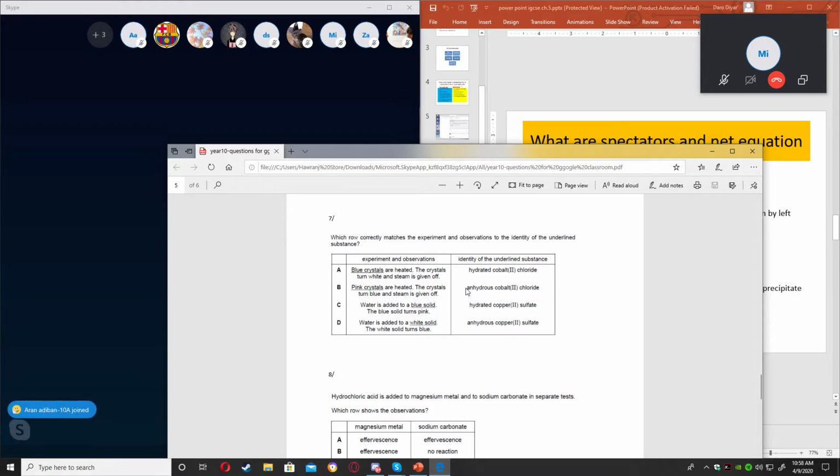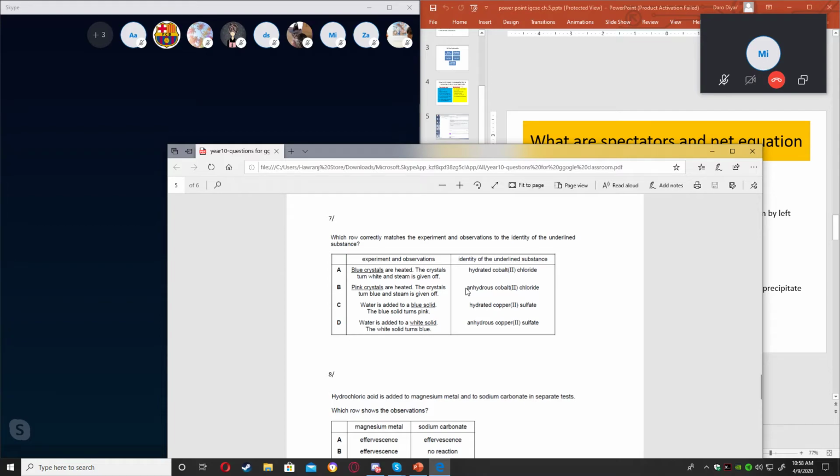Okay, it is a reversible reaction. When we have hydrated crystals, and then when we heat them, the molecule of the water will be removed. So we will get anhydrous.